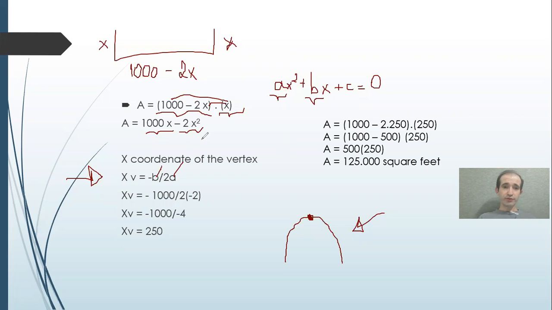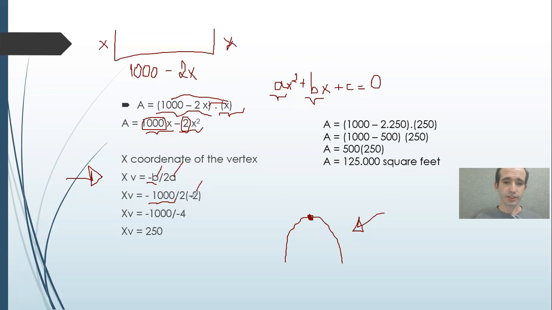What's the number in front of x squared? You have minus 2. This is a, all right? And what's the number in front of x? You have 1000. Minus 1000 because we have the minus in the formula, right?